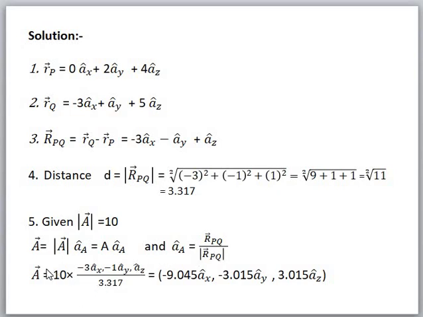Now we calculate this equation. Now we will get the answer: minus 9.045 a_x cap minus 3.015 a_y cap, 3.015 a_z cap.